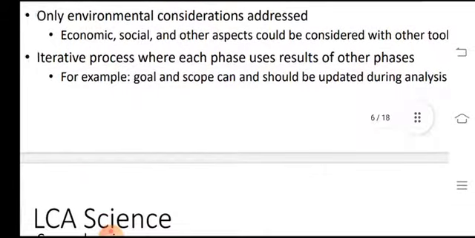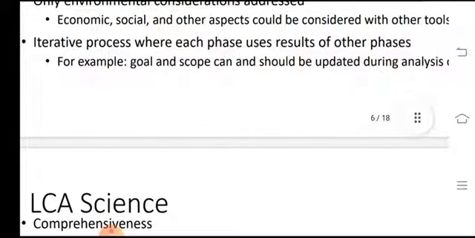Then it is an iterative process where each phase uses the results of the other phase. And of course, when we have an inventory, that is the basic source of data. Then that data will be utilized for every phase of assessment. We will be continuously utilizing that data in an iterative manner.